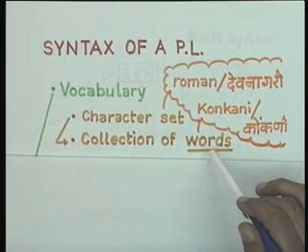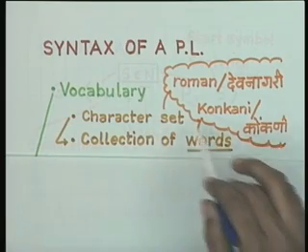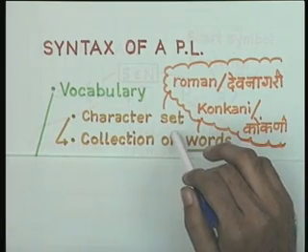But the collection of words is the same. So a person who knows Devanagari can communicate with a person who does not know Devanagari but knows the Urdu script by speech, because the words are the same, but you cannot communicate by letter. So there is a certain fixed collection of words whose actual form may depend on the character set.